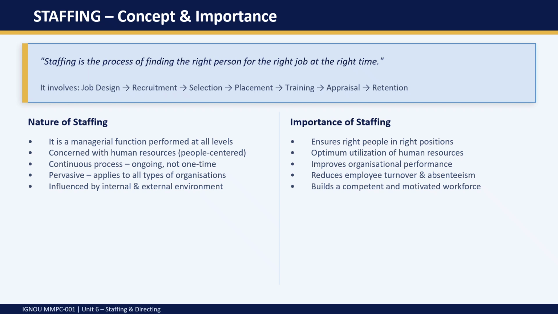As people retire, resign, or get promoted, staffing begins again. Fourth, it is pervasive, meaning it applies to every kind of organization, whether a school, a hospital, a factory, or a multinational corporation. Fifth, it is shaped by both internal factors like organizational structure and external factors like the labor market and legal environment. Why does staffing matter?